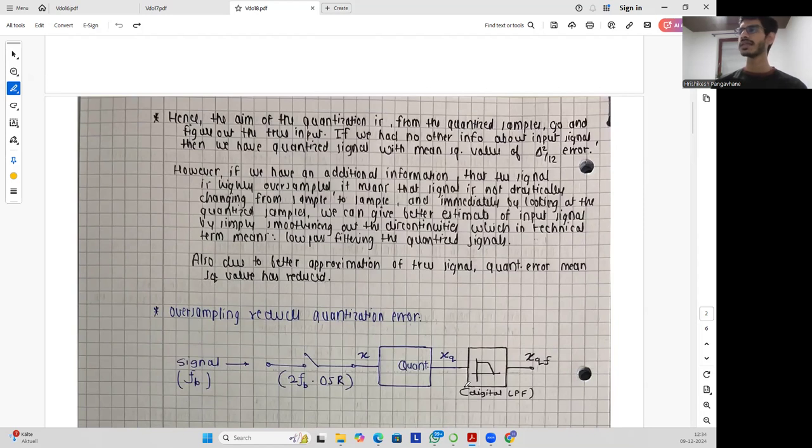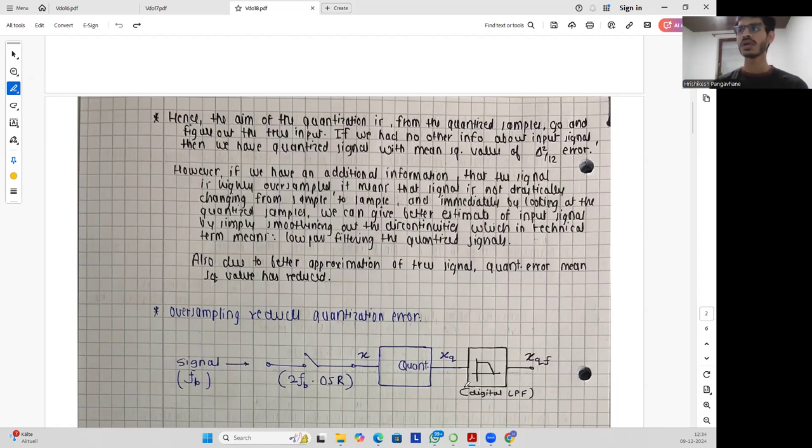It means that the signal is not drastically changing from sample to sample, and by looking at the quantized output samples, we can give a better estimation of the input signal by simply smoothing out the discontinuities, which in technical terms is low pass filtering the quantized output.